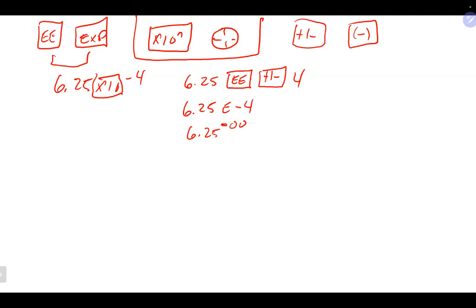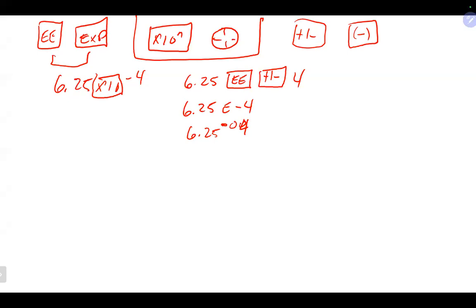And that is the proper way to punch something into your calculator in scientific notation. So you absolutely should not use the multiplication button unless you're multiplying that number by another number, or the log button, the inverse log button, the caret, or any other crazy thing people like to do.